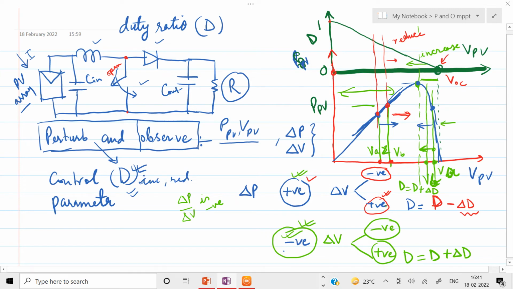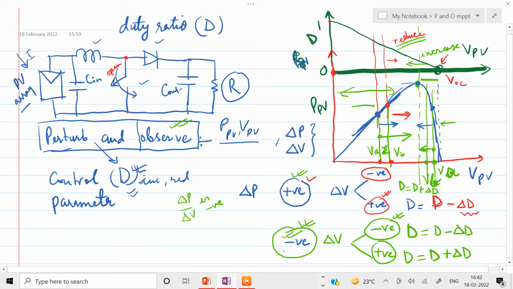So that is when delta V would be negative. So in that case, we have again to move on the right side. Moving on the right side means reducing the duty ratio. So that means D will be equal to D minus delta D. Is it fine?